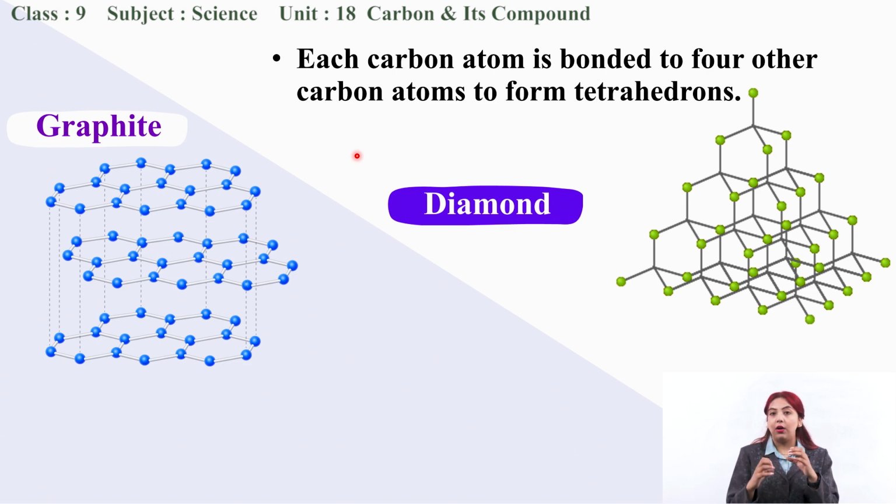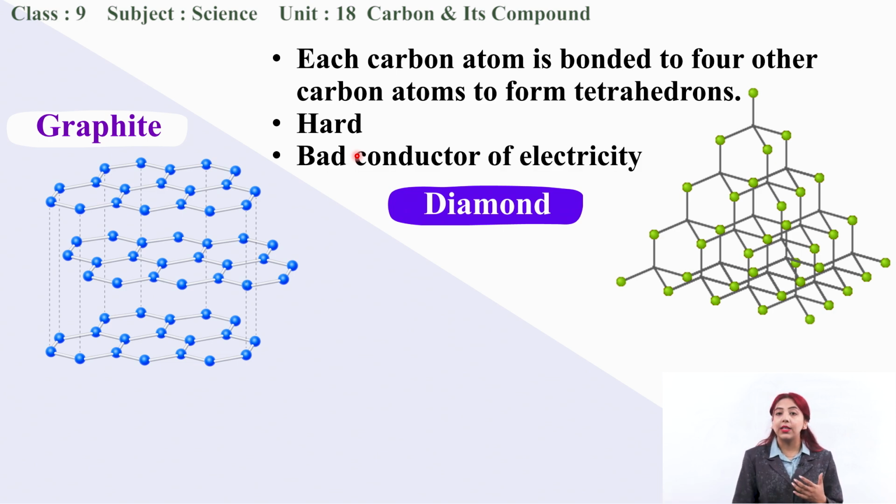All these carbon atoms form strong covalent bonds. That's why diamond is the hardest naturally occurring substance known to mankind. Since all 4 valence electrons of carbon are shared covalently with other carbon atoms, it does not have any free electrons. So due to the absence of free electrons, it is a bad conductor of electricity as well.